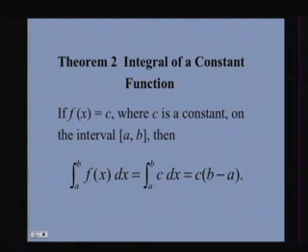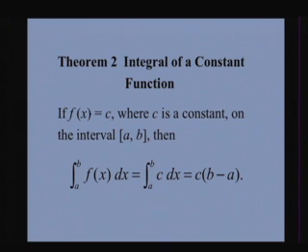If f of x is equal to c, where c is a constant on the closed interval a comma b, then the integral from a to b of f of x dx is equal to the integral from a to b of c dx, which is equal to c times b minus a.